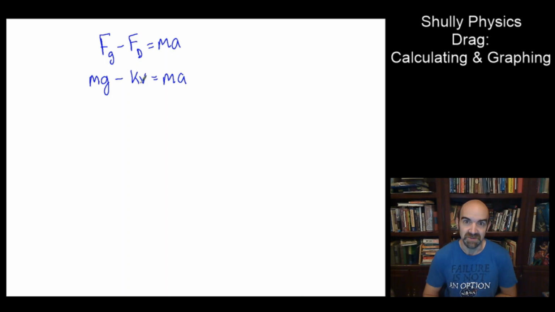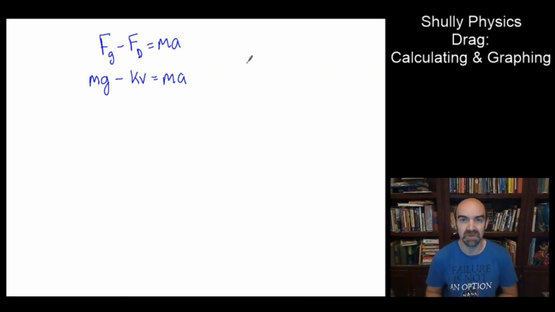However, we have a v and an a, and these two are related. You see, the acceleration changes the velocity, and the velocity will then, because it's changed, change the rate of acceleration. They're intertwined. They're mixed up together.